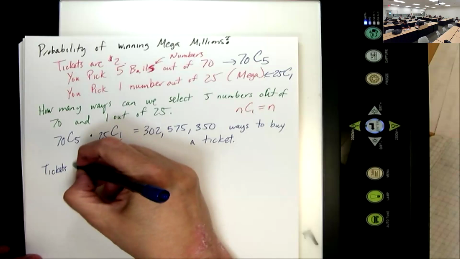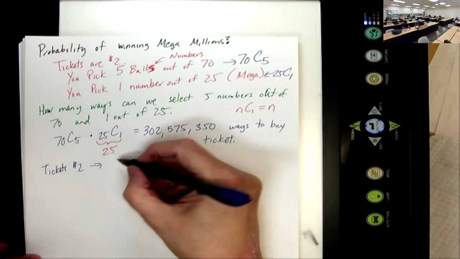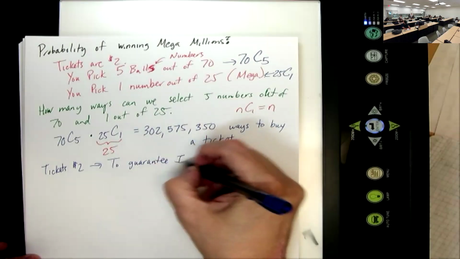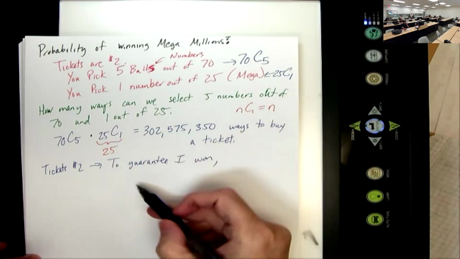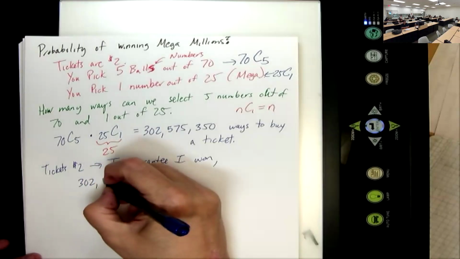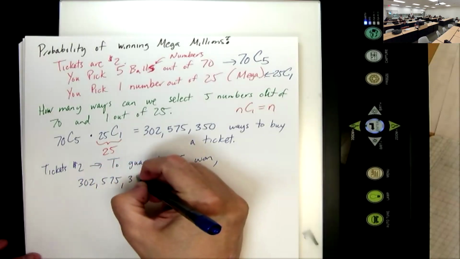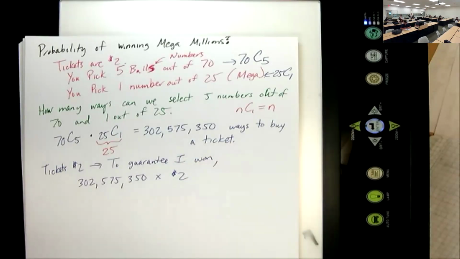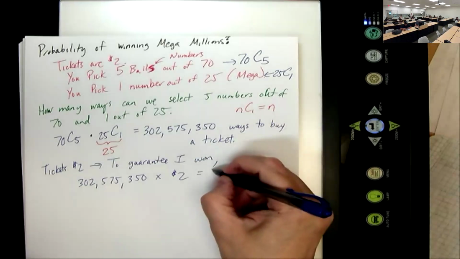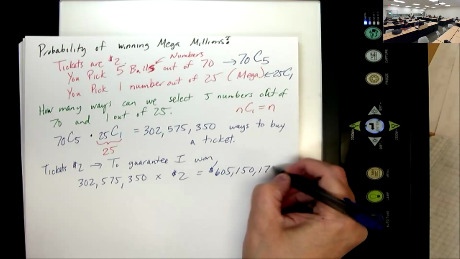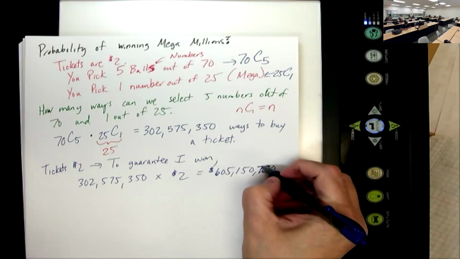So if I wanted to guarantee I won, I'd have to buy each combination, which is $605 million and some change. Oops, 150,700.